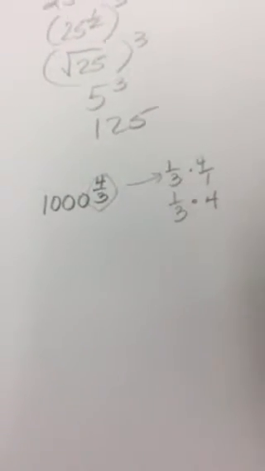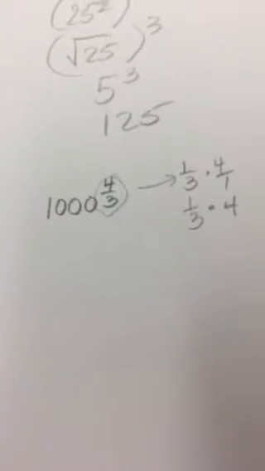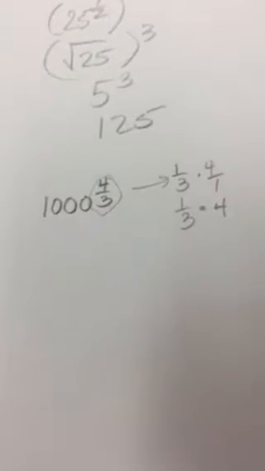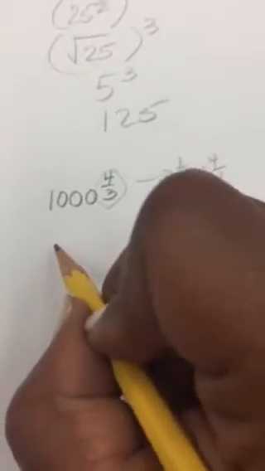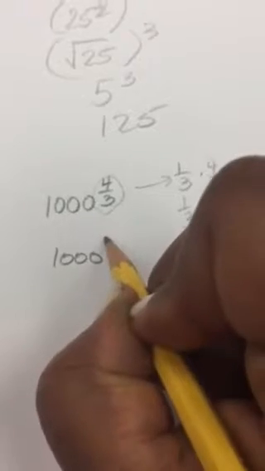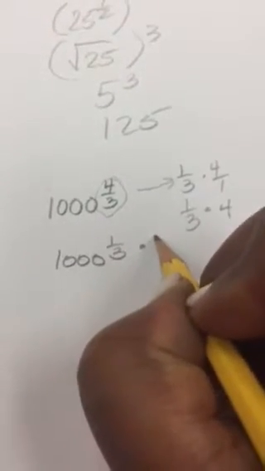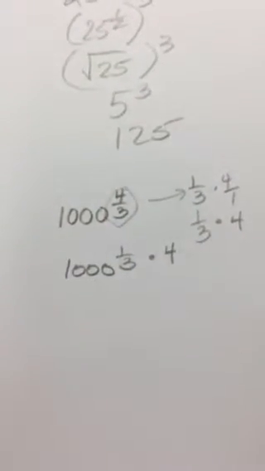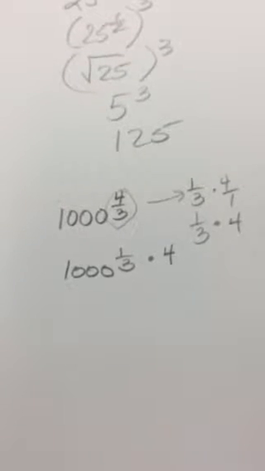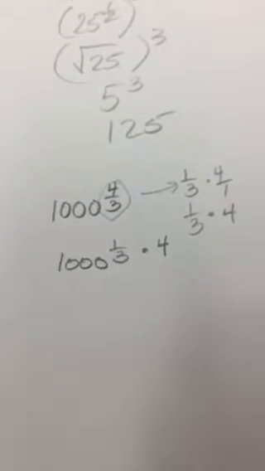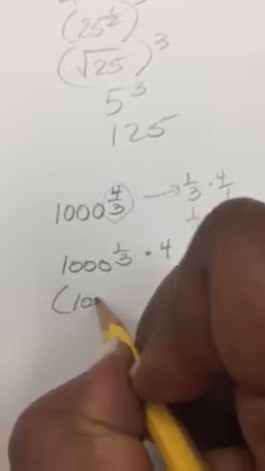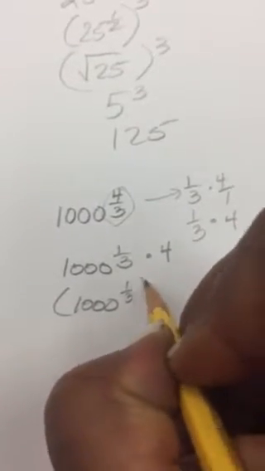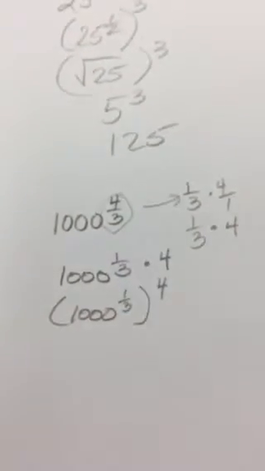So that's going to be 1,000 to the 1/3 power times 4. Let's put that in parentheses: 1,000 to the 1/3 power, times 4.